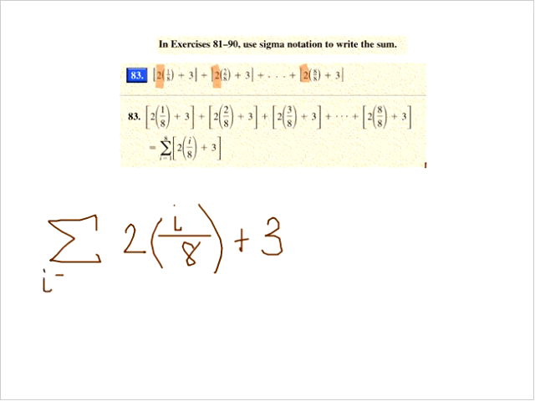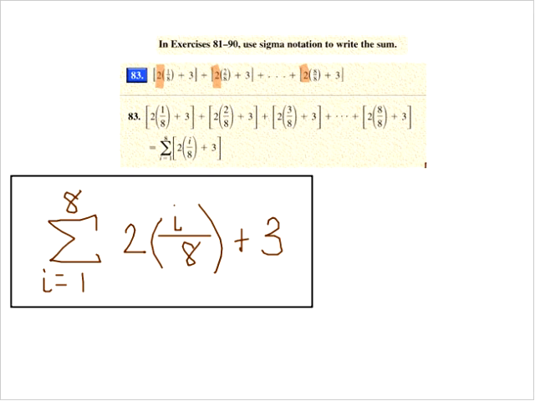We need to figure out what number i is starting with and what number i is ending with. It's starting with 1, because that's the first numerator, and it's ending with 8, because that's the last numerator here. So here is our sigma notation for that sum.